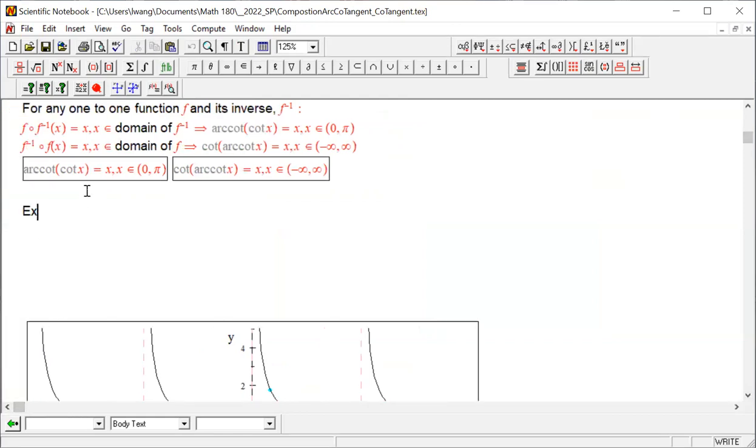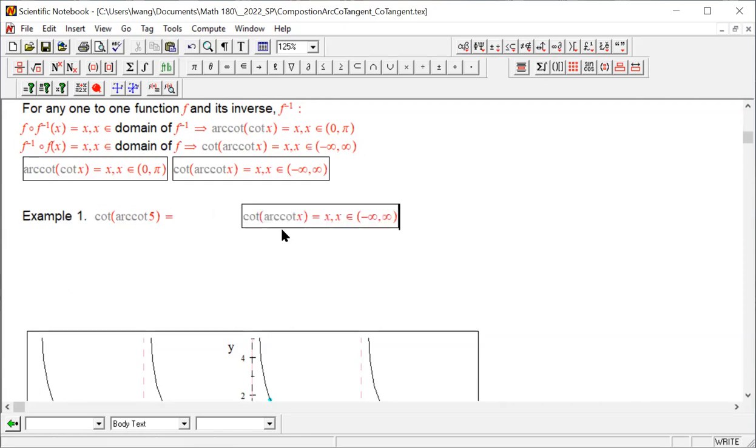Okay, example number 1. Suppose we have cotangent of ArcCotangent of 5. Well, what would that be? Well, look, this identity applies, because for this identity, x can be any real number. If this is any real number, the result of the composition is always going to be x.